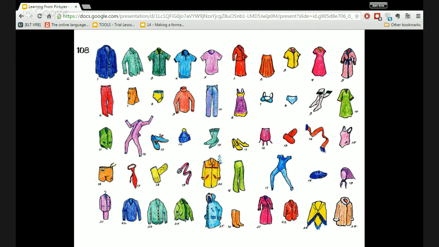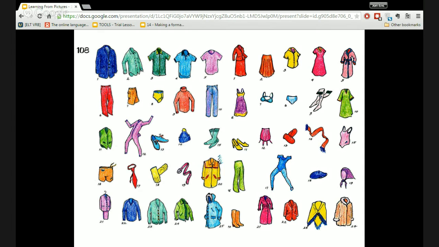So say it again, please. Sure. Look at the pictures on the left half of the screen. How many of those items of clothing on the left do you think you can name? So what do you mean name?